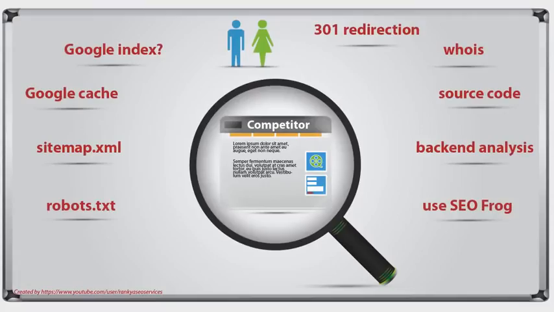Now, there could be many reasons for us to analyze our competitors, but this video session will lean towards analyzing our competitors from an SEO perspective, because we want to find out why Google is ranking them in that first position, so that we can save time, meaning we can perhaps use some of the strategies and methods that they are using, and we can surely do it better than them. So then we want to outrank them.